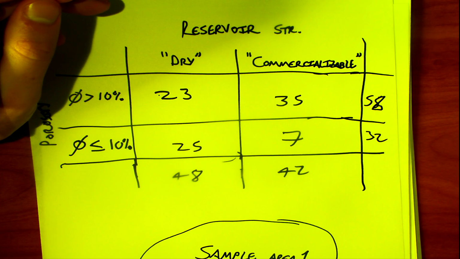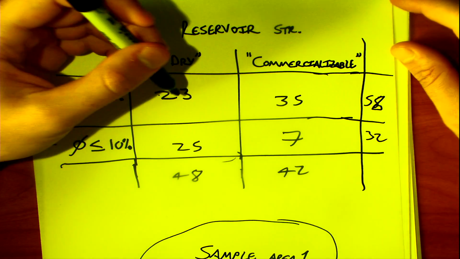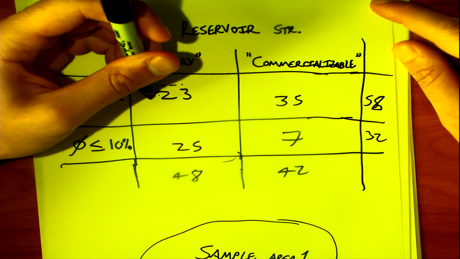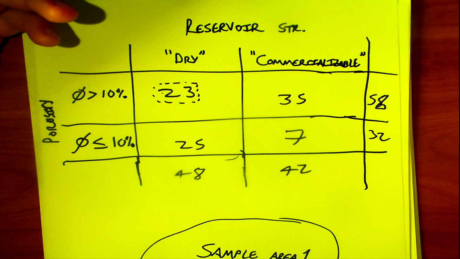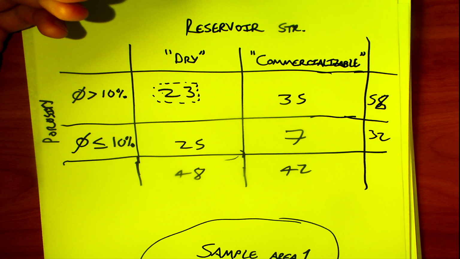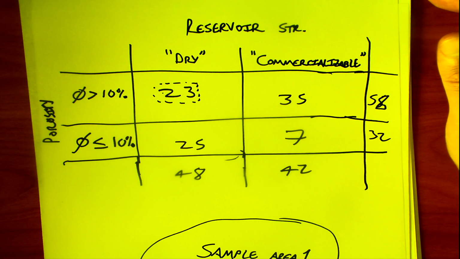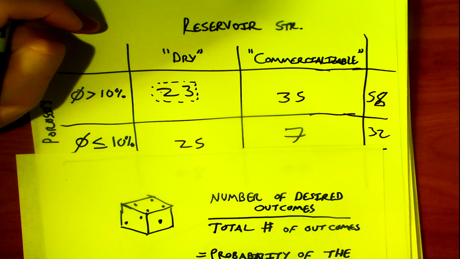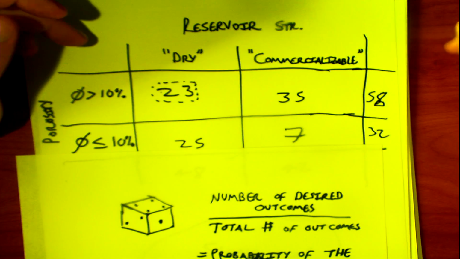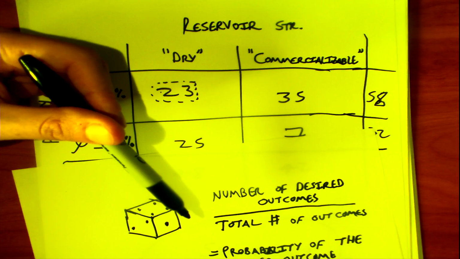So what we're going to do is start normalizing things. If my question is, what's the probability of getting a dry well that has a high porosity here? I can go back to my definition of probability: the number of desired outcomes divided by the number of total outcomes.